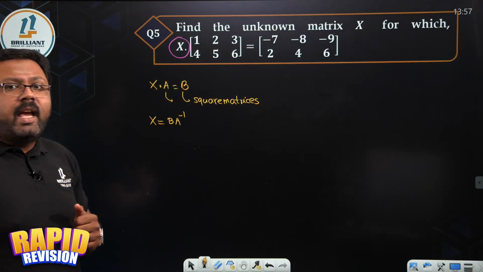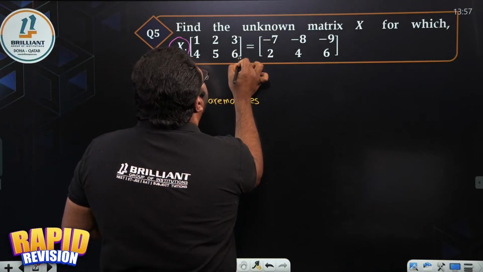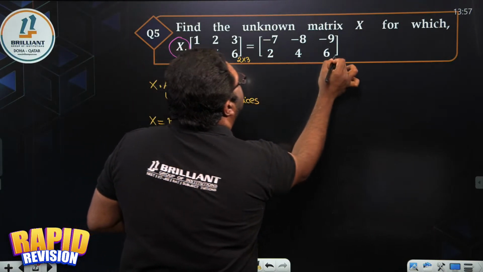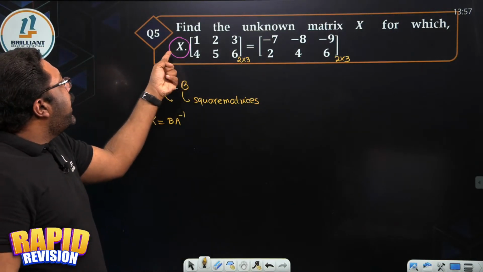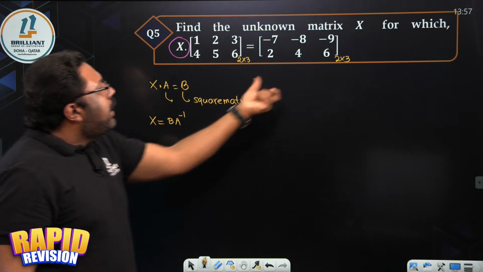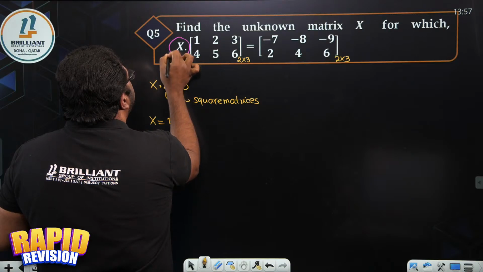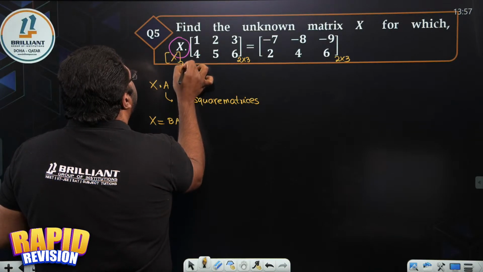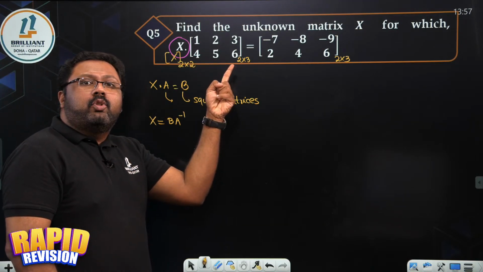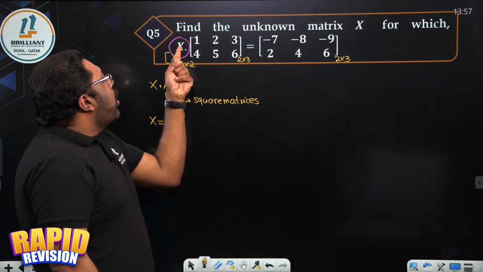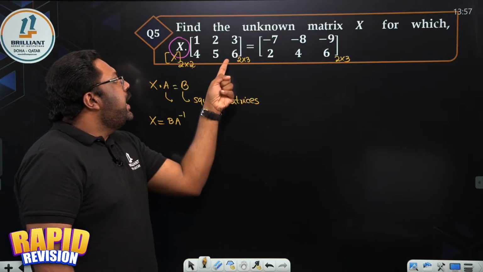But in this case, A and B are not square matrices. They are matrices of order 2 by 3 and the result is also 2 by 3. If I have to multiply an X with a 2 by 3 to get another 2 by 3, then definitely X should be of order 2 by 2. No other choice. Because to multiply two matrices, the number of columns in the first matrix should be equal to the number of rows in the second matrix.